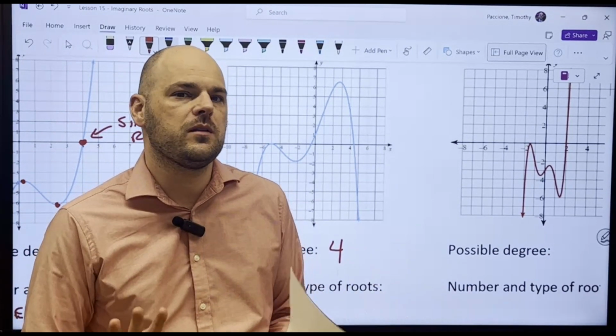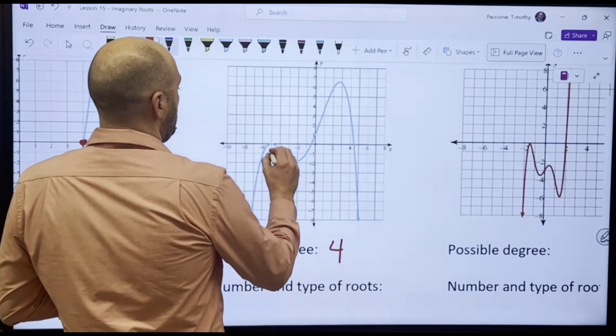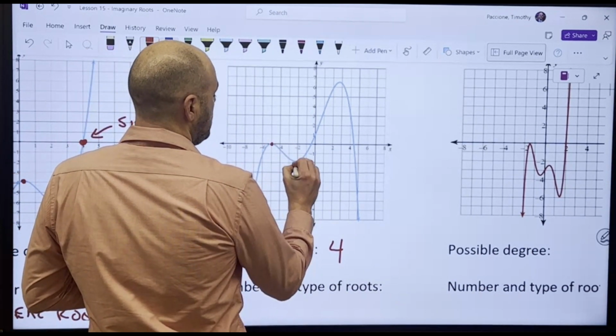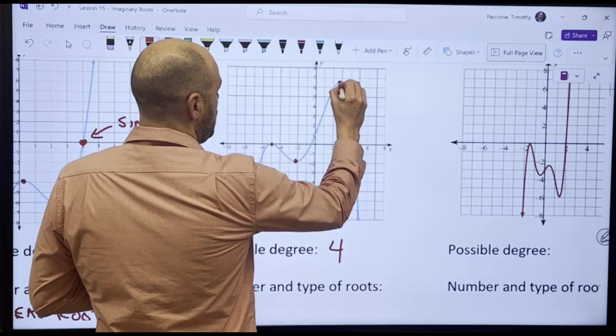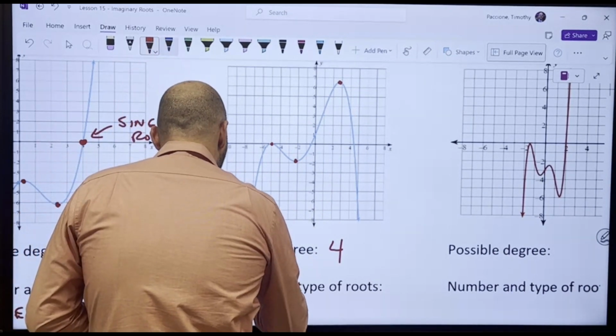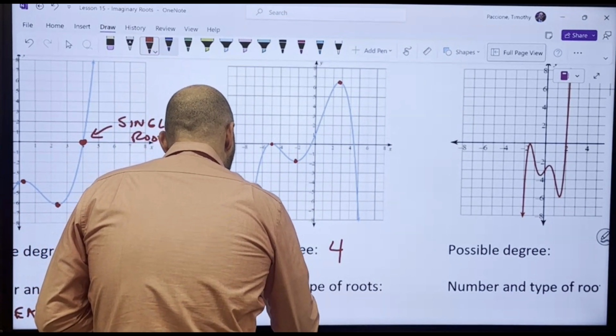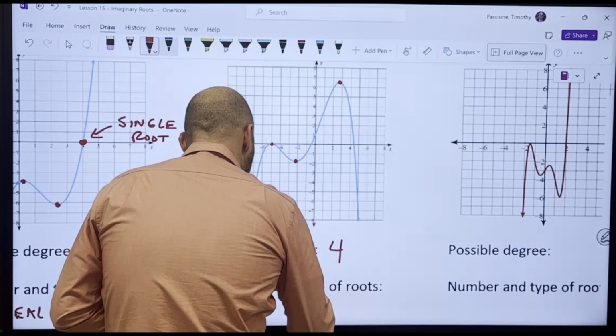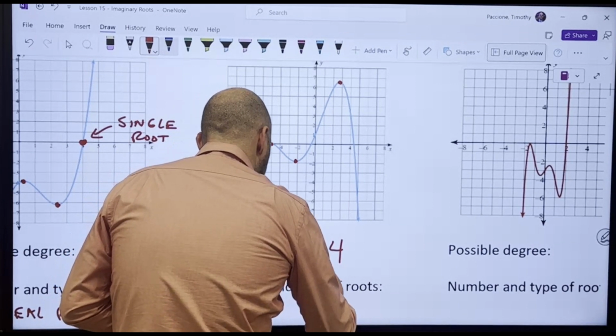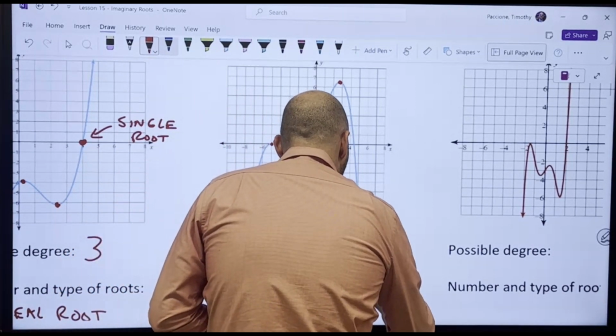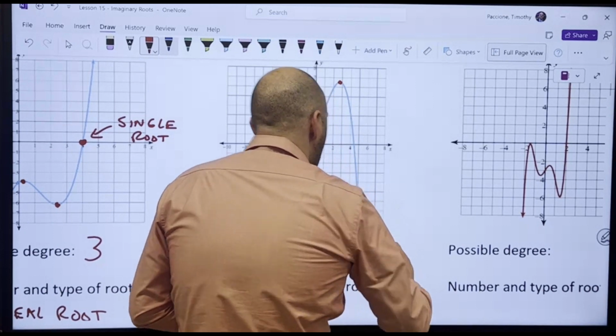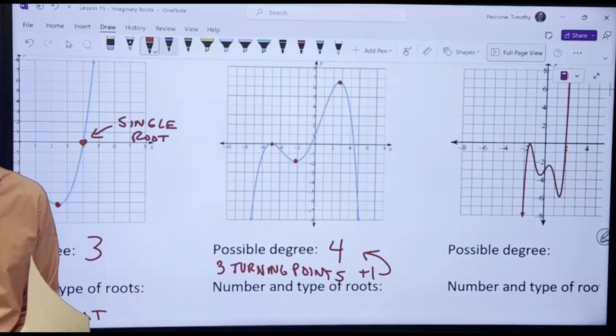We still want to be able to figure this out. So we look at these turning points. Well, there's one here, there's one here, and there's one here. So there's 3 turning points. And remember, it's always one more than that will be our possible roots, right?